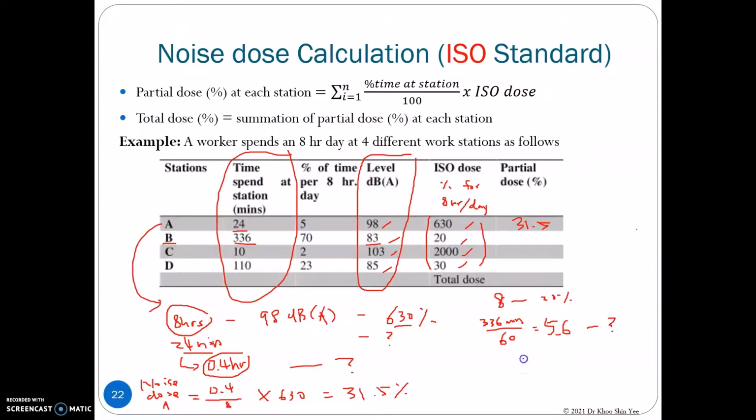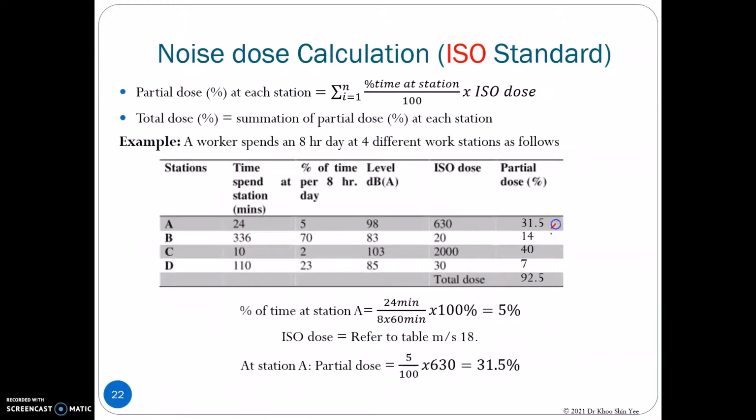To compute this, you can take the 5.6 divided by 8 and multiply with 20. This gives you the noise dose at station B. So after you perform the calculation, you should obtain the answer equal to 14. So let's substitute this inside. If we compare to the answer, we get it correctly.